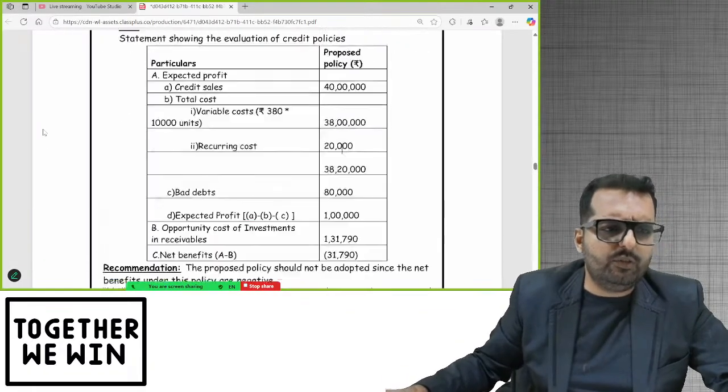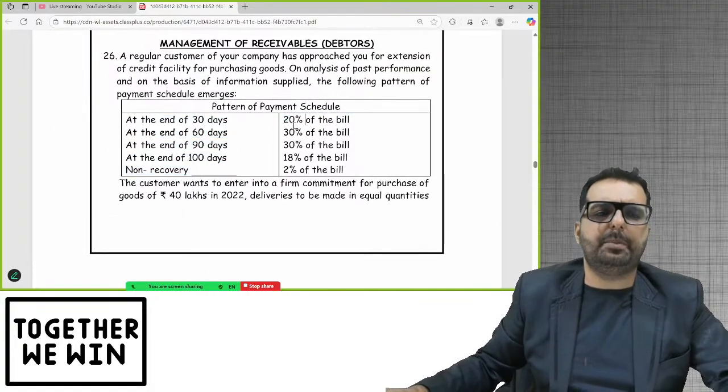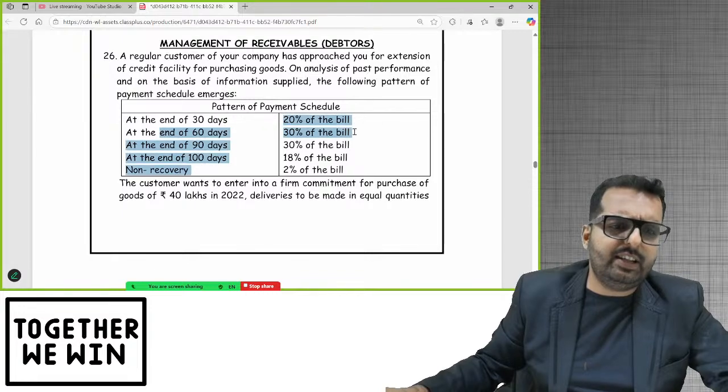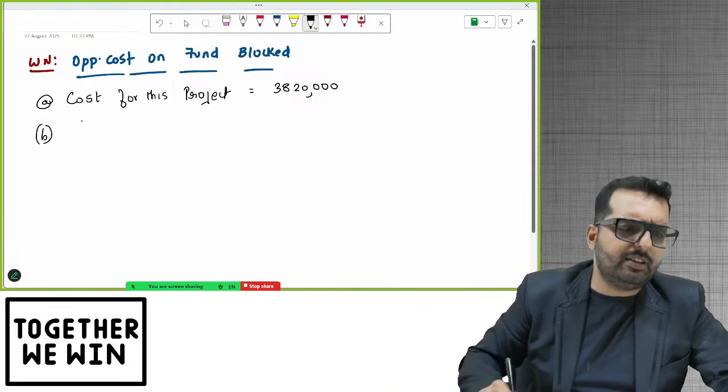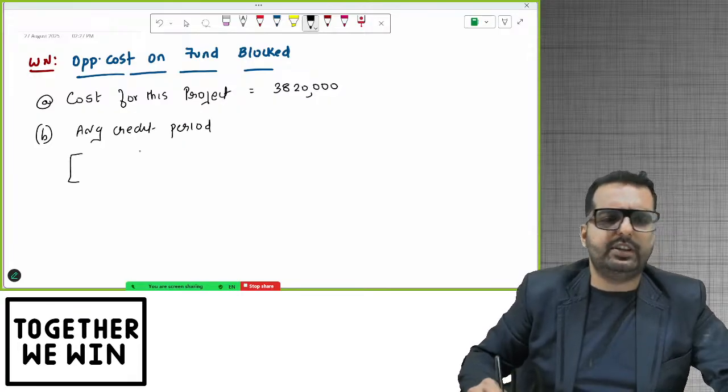Now, in the question, if you go up, they have told at the end of 30 days, they give 20% of the bill. At the end of 60 days, they'll pay 30% of the bill, etc. From this, I can find out the average credit period.